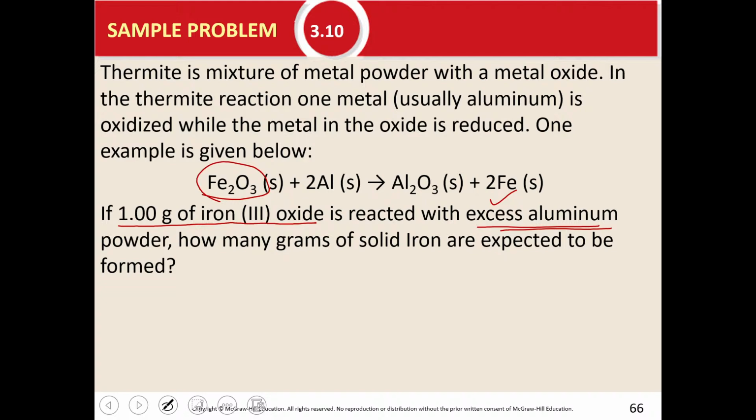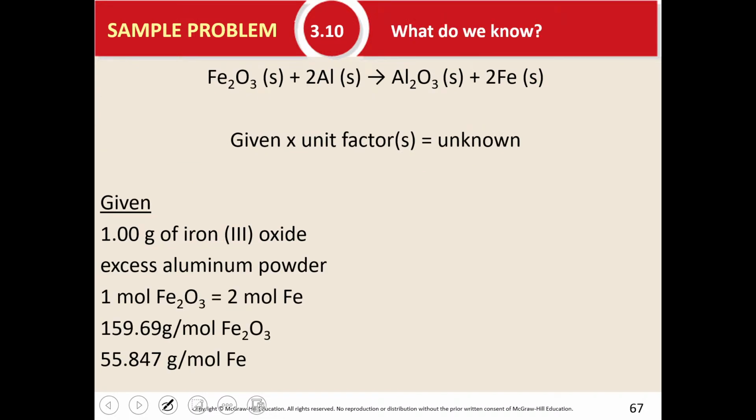So it's reacted with excess aluminum powder. How many grams of solid iron are to be expected? Okay. So if I start with 1 gram of iron 3 oxide, how much solid iron will I get as a product? So what do we know? We know that we have this balanced chemical reaction.